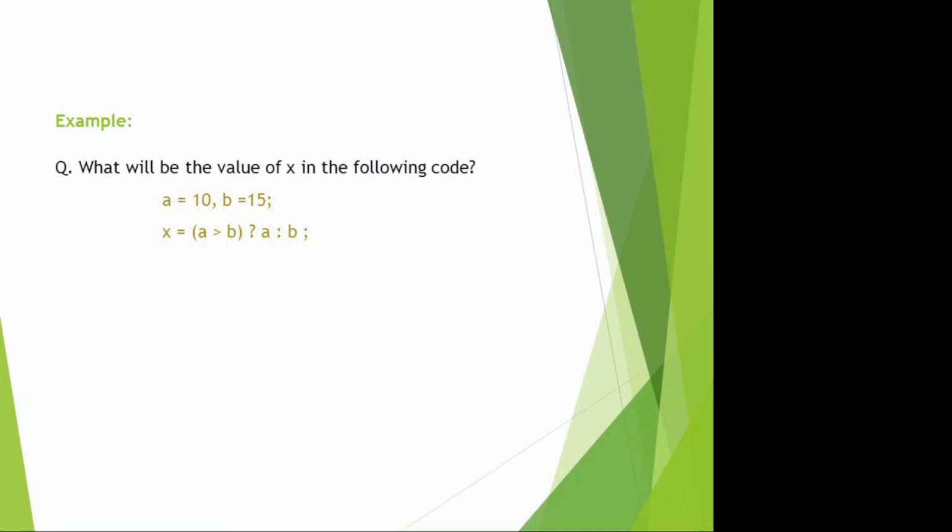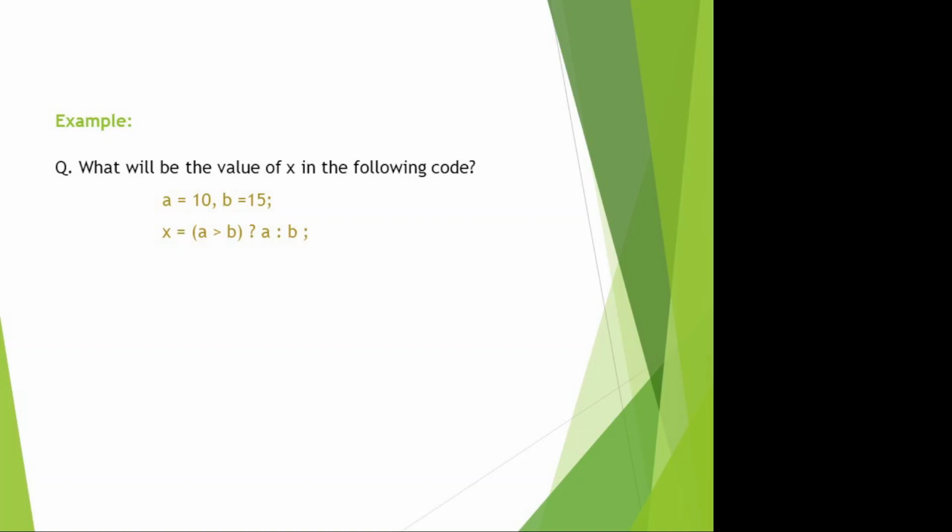Now here is a question: what will be the value of x in the following code? In this code, a conditional operator is used. 10 is assigned to A and 15 is assigned to B. X equal to A greater than B, question mark, A colon B. Here, the output of this statement, that means X, will be the value of B, that means 15.